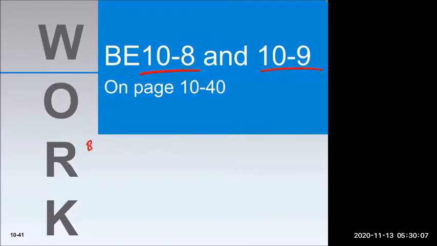So brief exercise 10.8. All we're doing is making journal entries here. This one says that I'm issuing or selling a bond for $300,000. It's a 10-year, 8% bond, and I'm selling it at 98.